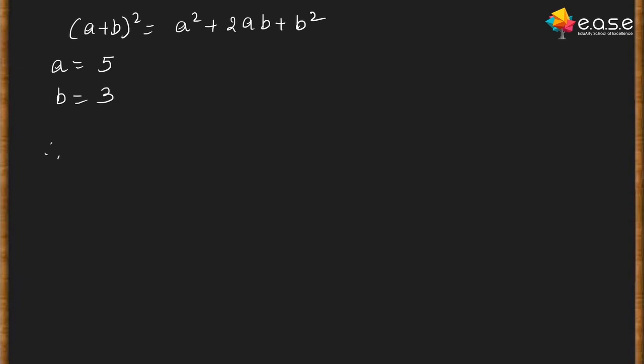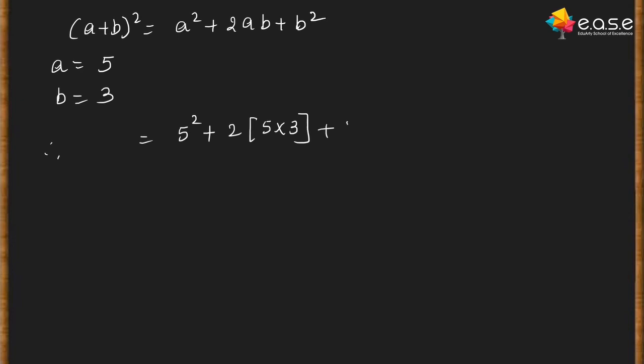Suppose we have this identity a plus b the whole square, which is equal to a square plus 2ab plus b square. So if you say that the value of a is 5 and the value of b is 3, then the same thing will be what? Therefore, this will become 5 square plus 2 into 3 times 5 plus 3 square.